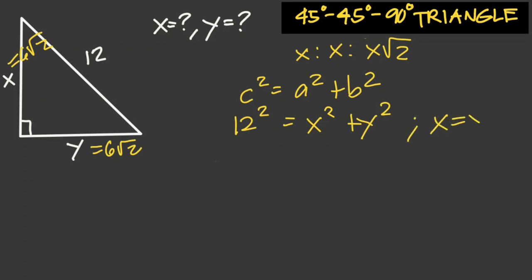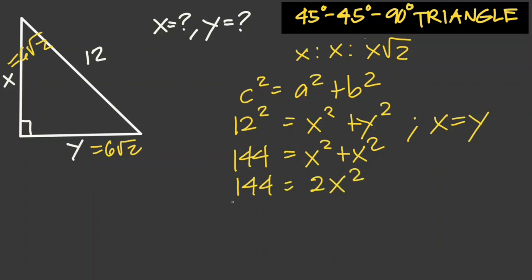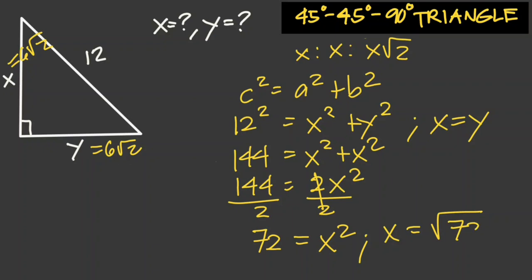Since x is just equal to y, we can just write x squared plus x squared. 12 squared is 144, and x squared plus x squared is just 2x squared. Divide both sides by 2. So 144 divided by 2 is 72, which equals x squared. So x is just equal to the square root of 72.